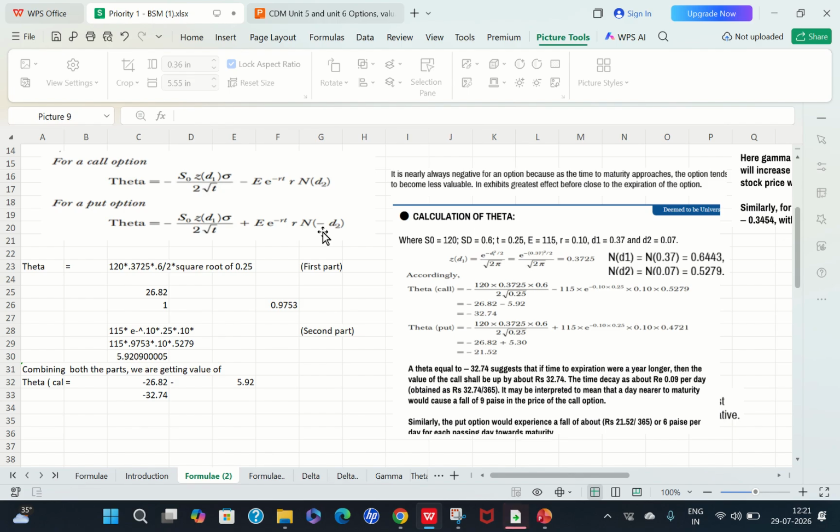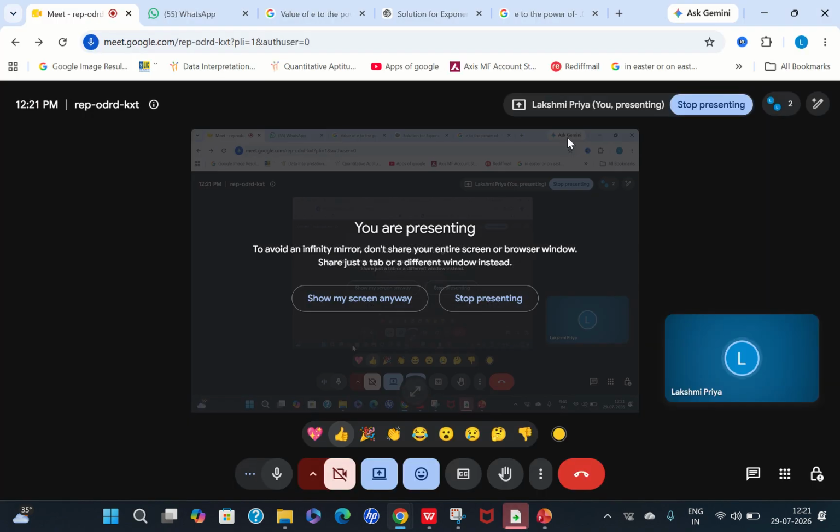So when N(d2) is 0.5279, what is N of minus d2? So to determine N of minus d2, let me explain the procedure.